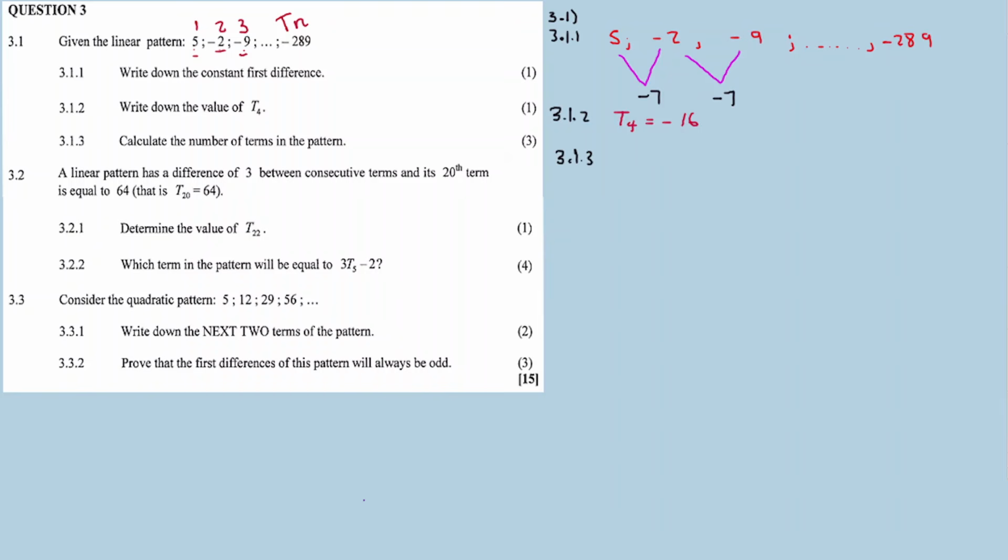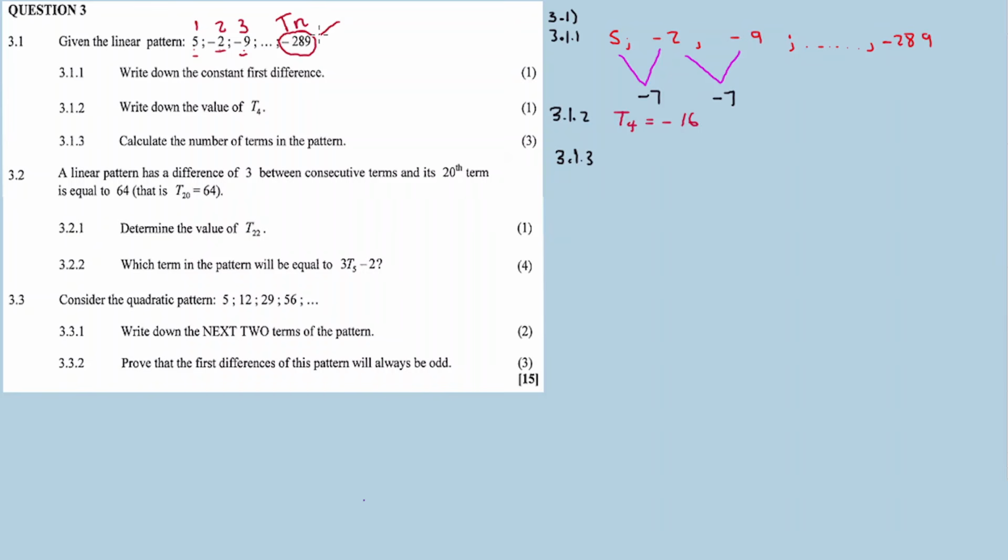3.1.3, calculate the number of terms in the pattern. We know that minus 289 is the last term, so we can write the answer down, but here they say calculate. In other words, we want to find out which term number minus 289 is in this given pattern.